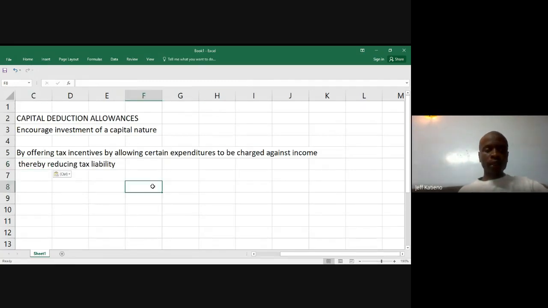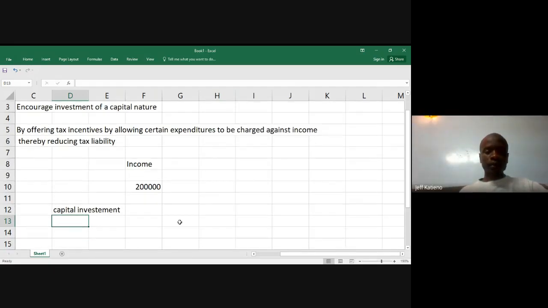So let me say your income was 200,000, and you've made an investment of a capital nature. So you have a capital investment of, let me say, 100,000.